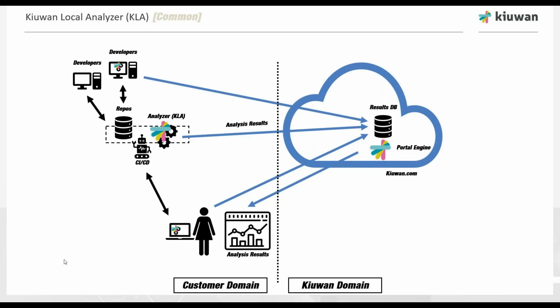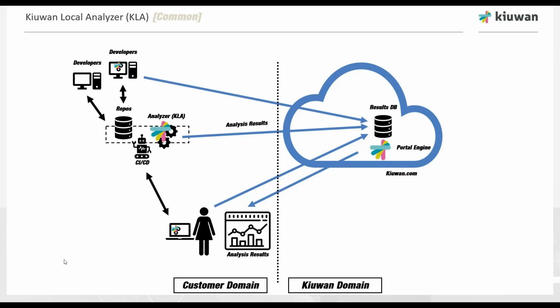Kiuwan is a hybrid SaaS and SCA tool. So it's SaaS with an augmentation engine and result database, with a downloadable on-prem source code analyzer. The basic analysis of your source code is loaded into our cloud analytics engine for augmentation and analytical post-processing.